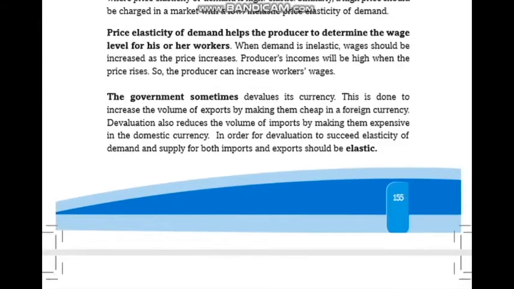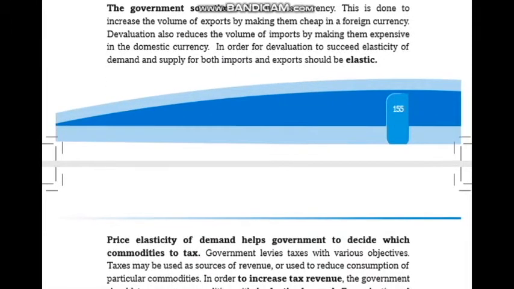Price elasticity of demand helps the producer to determine the wage level for his or her workers. The government sometimes devalues its currency.